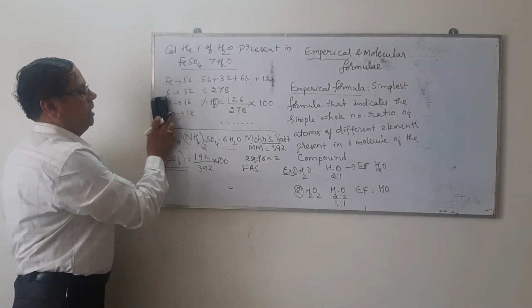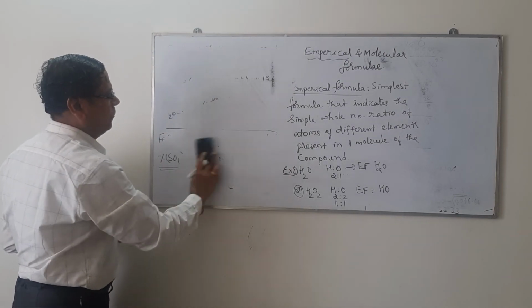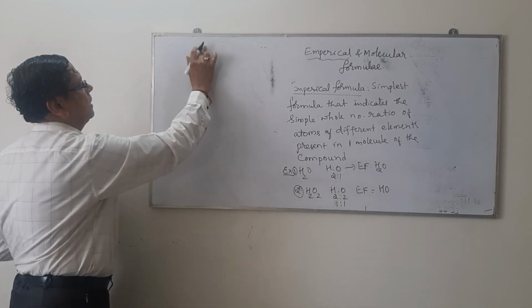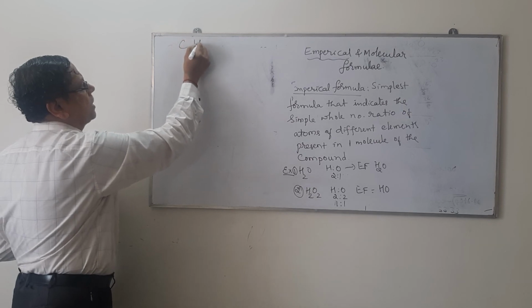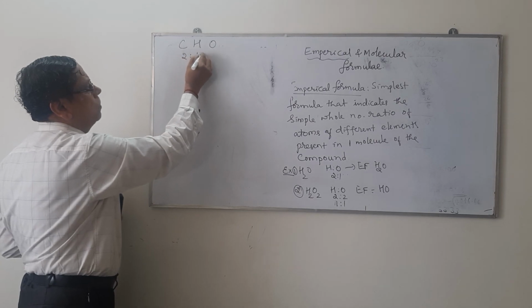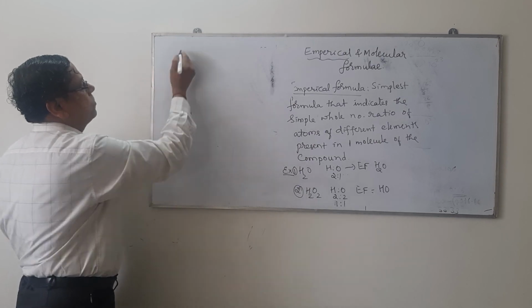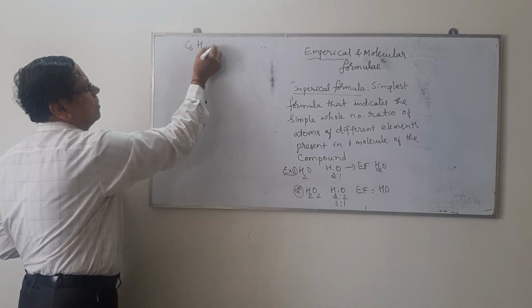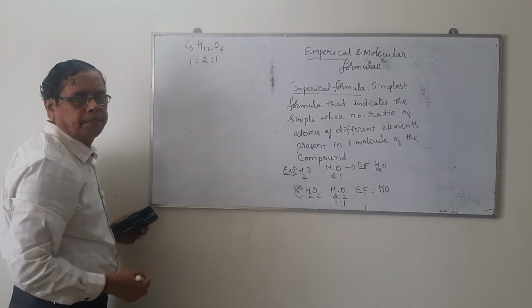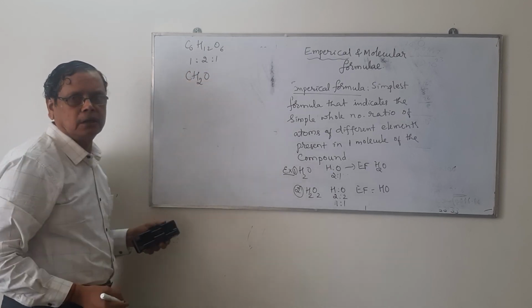Next one, let us take glucose. To calculate the empirical formula for glucose, the actual formula for glucose, C6H12O6, indicates a ratio of carbon, hydrogen and oxygen of 6:12:6, that is 1:2:1. Therefore, the empirical formula for glucose is CH2O.